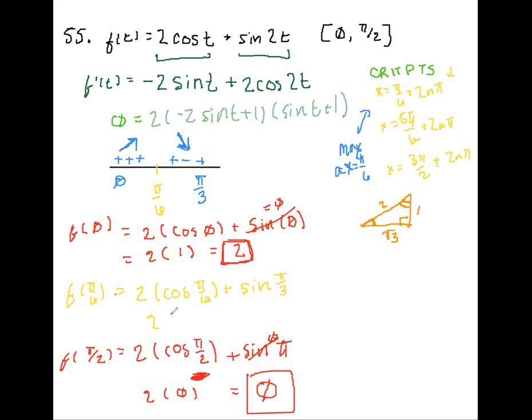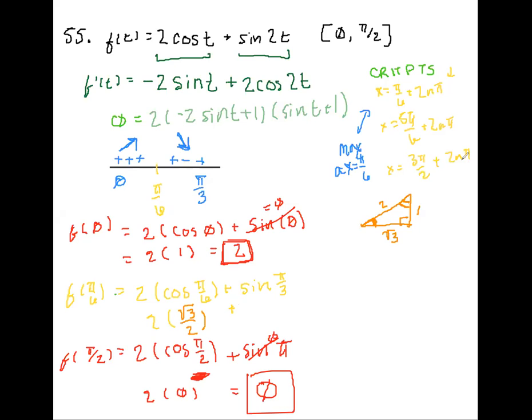So if I have 2 times the cosine of pi over 6, here is pi over 6. The cosine is the adjacent over the hypotenuse, so it's going to be root 3 over 2. And then I'm going to add to it the sine of pi over 3. Pi over 3 is up here.